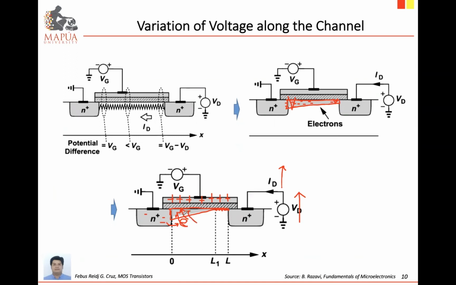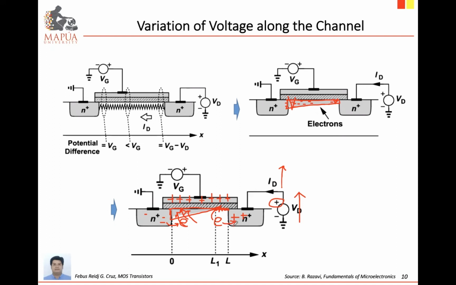On the other hand, if you look at the drain region, the drain is also applied with positive potential, since you have positive drain voltage. So the electrons near this region have the tendency to be attracted towards the positive applied by the gate or towards the positive near the drain.